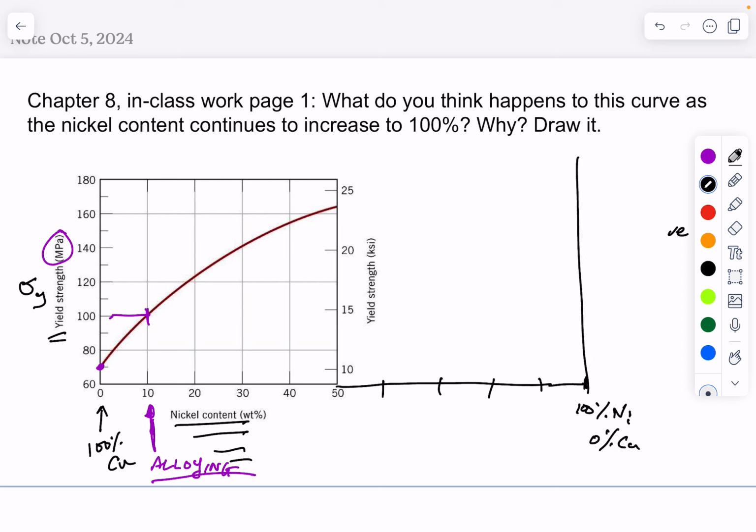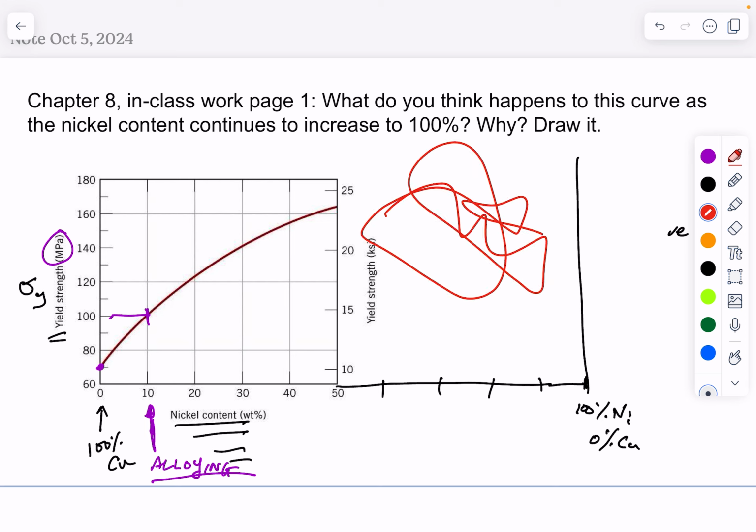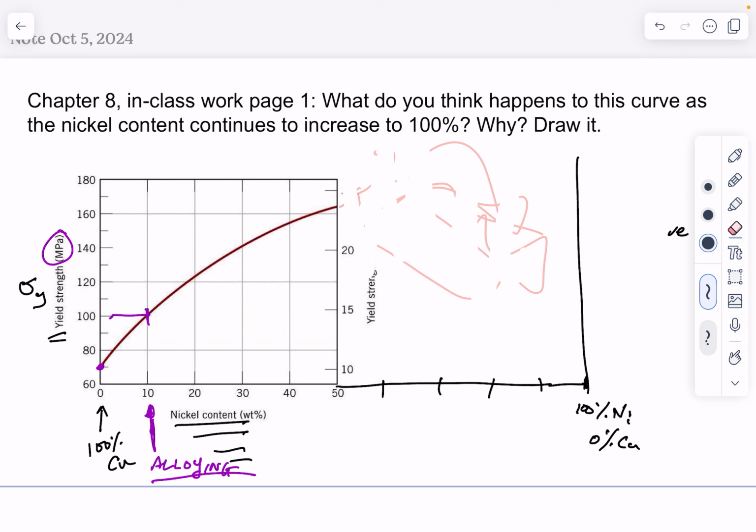What does this red line look like in this in-between area? What is that line doing? We did this in class, and it was interesting because there were two basic guesses. I don't want you to guess about this. I want you to think about it.